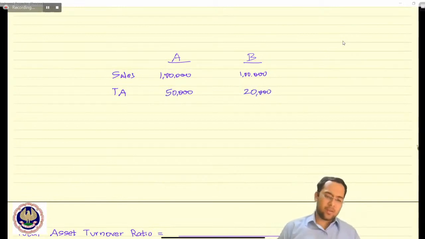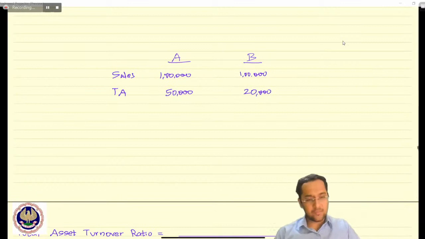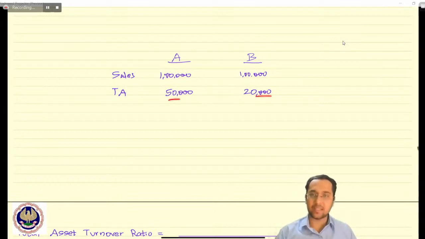Any common man can say that, considering both of them are in the same industry, and considering the level of assets they have got, company B is effectively utilizing its resources, because with an asset base of 20,000, it's able to generate sales of 1 lakh, which is definitely a good thing.